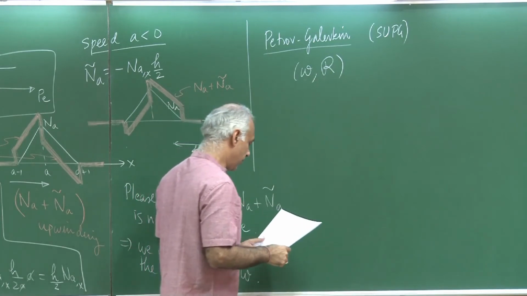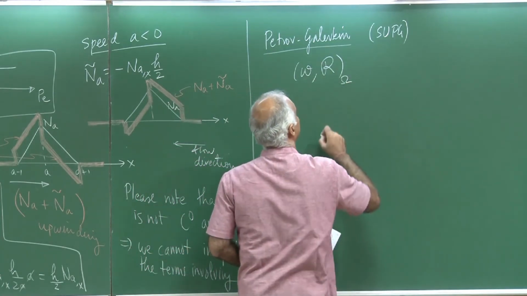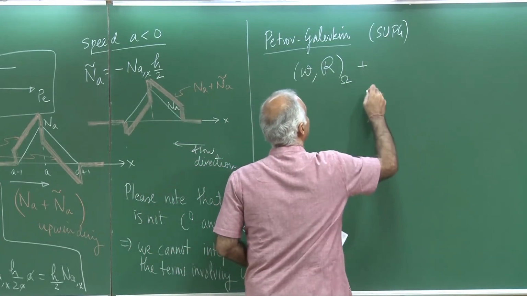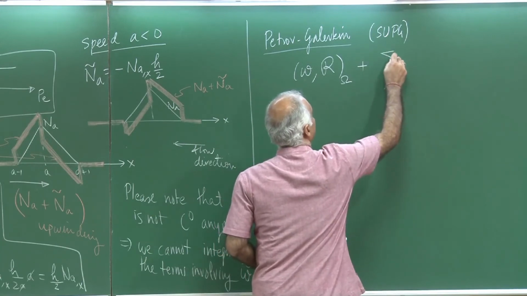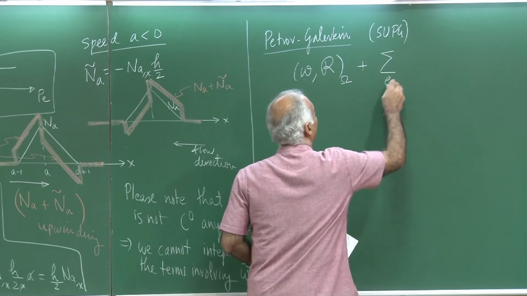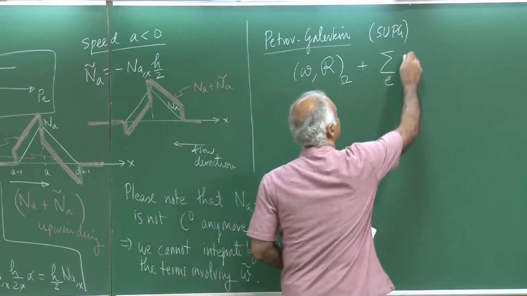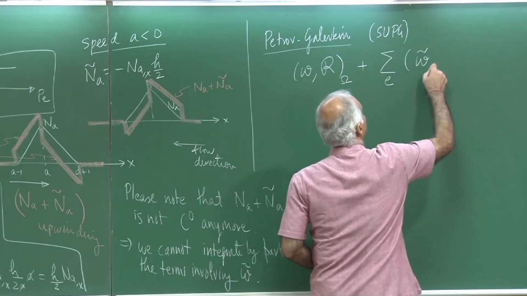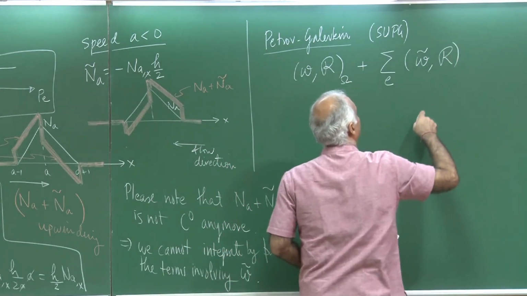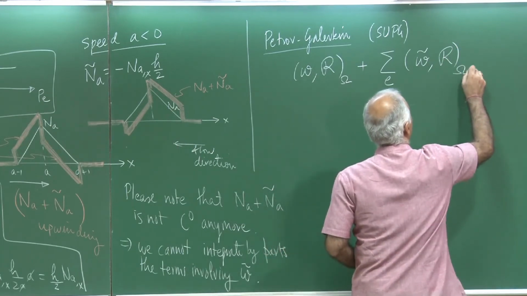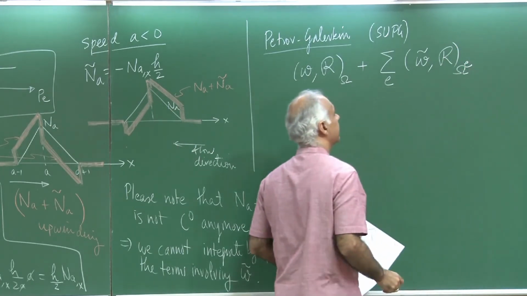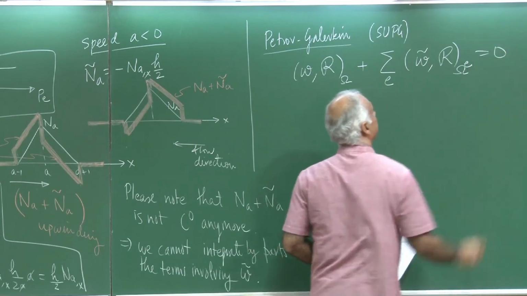This is over the whole domain, and then I add to it, over all the elements, the W tilde times R, but this is on the element level domain, and this is 0.